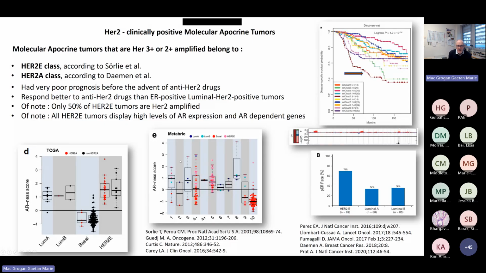Now, when you study these HER2 enriched tumors, you realize that only 50% of them are HER2 amplified. And Daemen et al., who studied these tumors from the point of view of their transcriptome, found that all HER2 enriched tumors display high levels of androgen receptor expression and androgen receptor dependent genes, as you can see here at the bottom left of your screen.